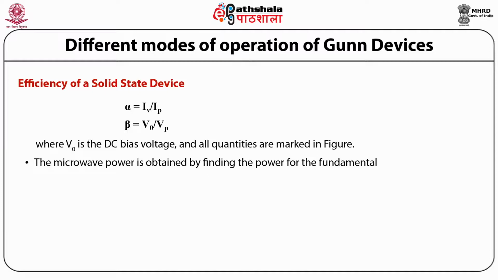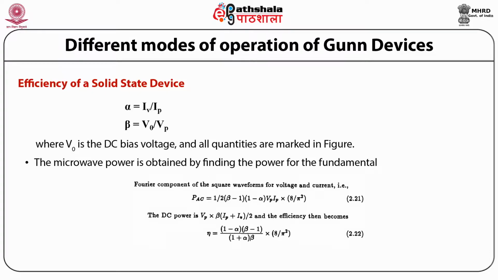Now let us discuss the Fourier component of the square waveforms for the voltage and the current, that is P_AC equal to half multiplied by (beta minus 1) multiplied by (1 minus alpha) V_P I_P multiplied by 8 by pi square.